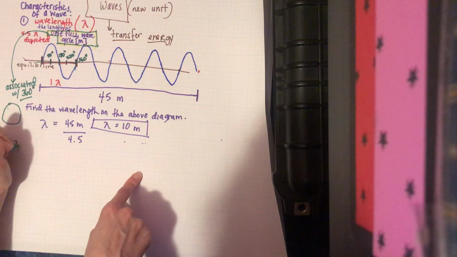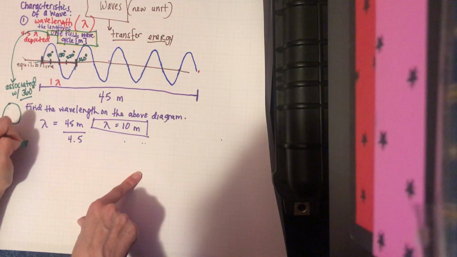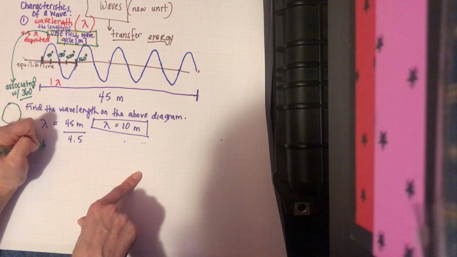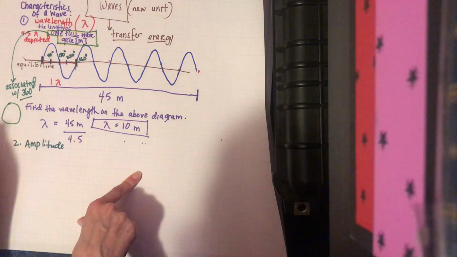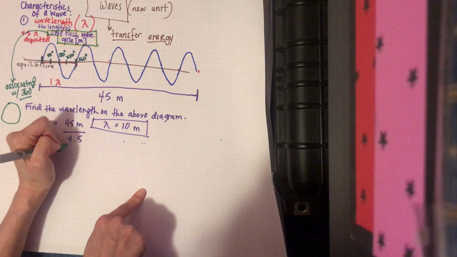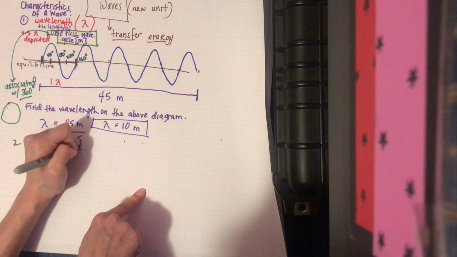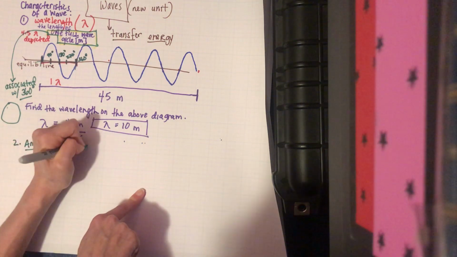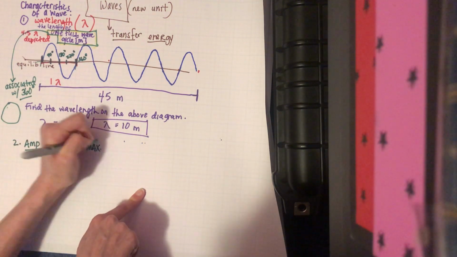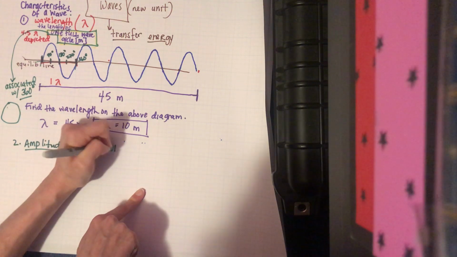Okay, characteristics of a wave. The second one I want to talk about is the amplitude. The amplitude is simply the maximum distance from the equilibrium point.